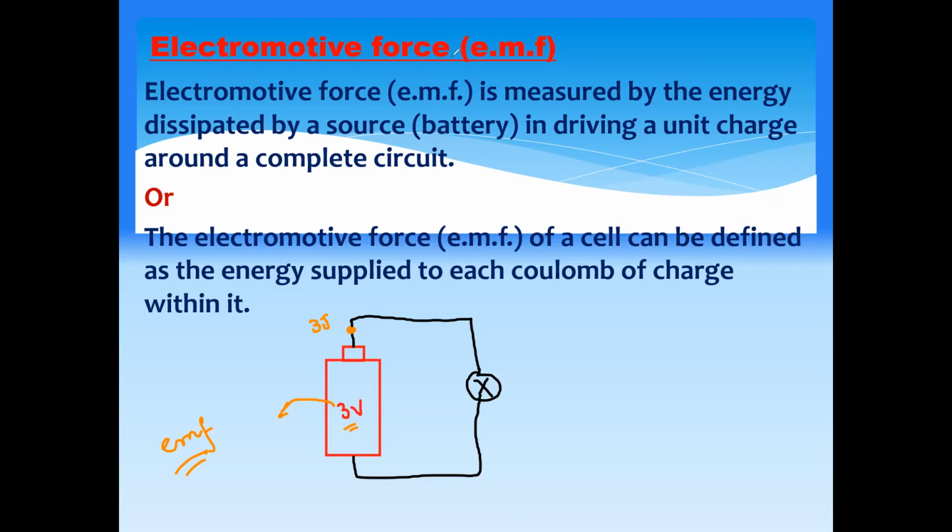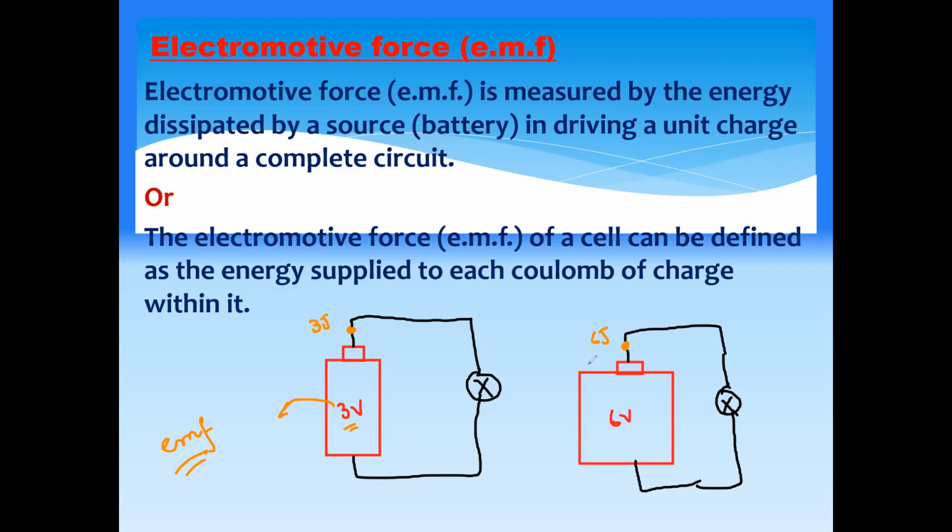So the EMF of the battery or the cell refers to how much energy is supplied to 1 coulomb of charge. So if we have a large battery labeled 6 V, and we connect a wire, when charges are produced due to the chemical reaction and come out, how much energy will each charge carry? It will carry 6 joules of energy.